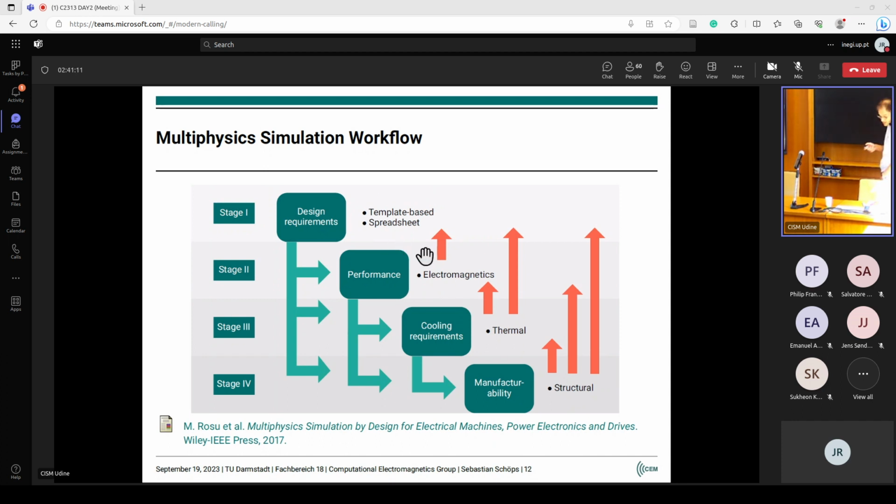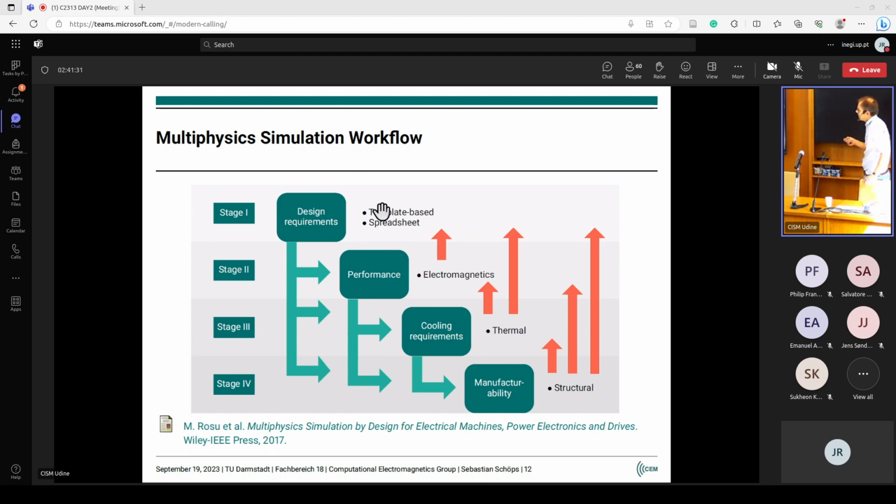I know, at least in my field, that people essentially sell you an Excel spreadsheet, right? That's the software they sell you to do these kinds of computations. So that's what is done at the beginning. You choose how many coils you have, these kinds of parameters. So that's very, very template based. I will stress that a lot.